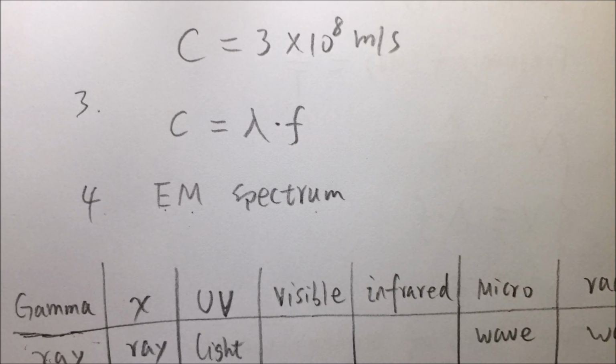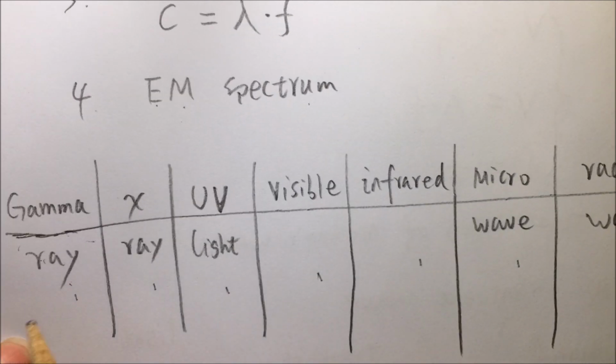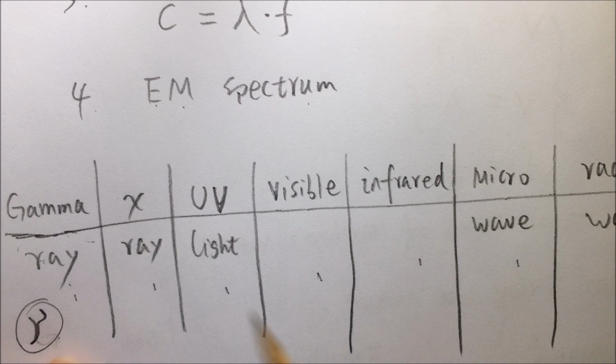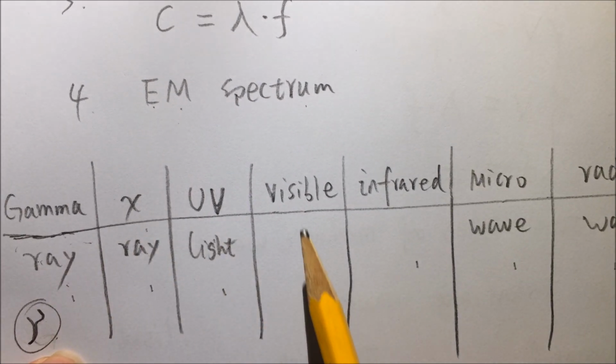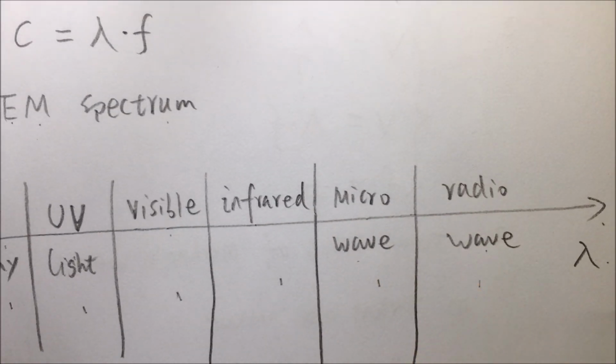So you have 1, 2, 3, 4, 5, 6, 7 types of light. So you should know this. Sorry, gamma ray is actually represented by the Greek letter gamma. So gamma ray, X-ray, UV light, visible light, infrared, microwave, radio wave, 7 types.